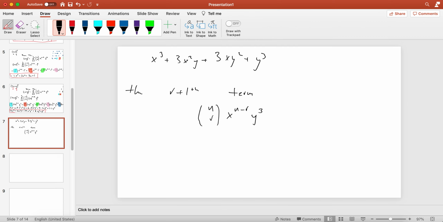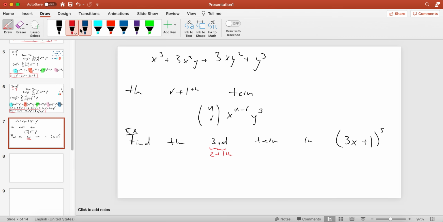So for example, find the third term in 3x plus 1 to the 5th. Well, here, if I'm trying to find the third term, that's the 2 plus 1th term, right?